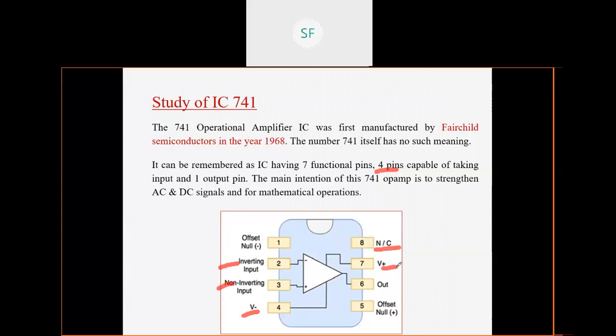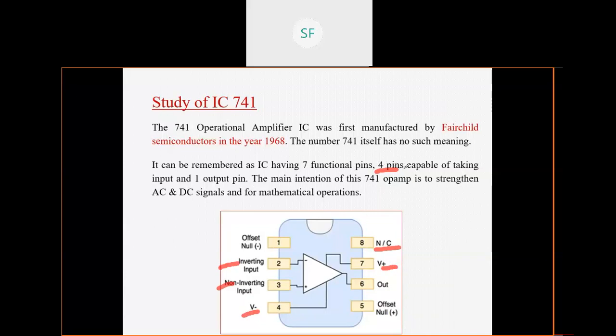If you observe, you have to give power supply to the IC externally, so you can call these two also inputs, because without this power supply the IC won't be functional. Hence they have taken 4 pins in total. Actually there are only two inputs, but you also have to add the voltage supply, one plus and one minus.